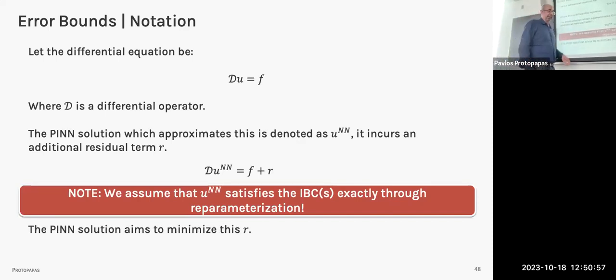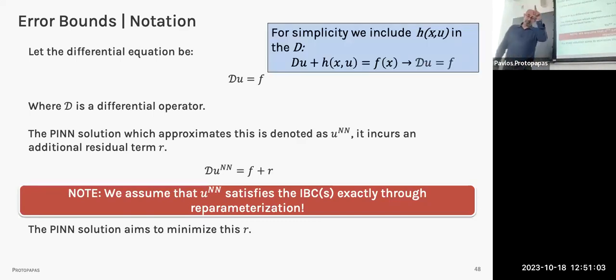And the goal here basically is to minimize this R, the mistake. Someone will have asked, but you have a different notation. So I kind of absorb the H into the differential equation, into the differential operator. I can do that, it's no problem. So now I have a simpler form, okay? Just notation-wise to be consistent.